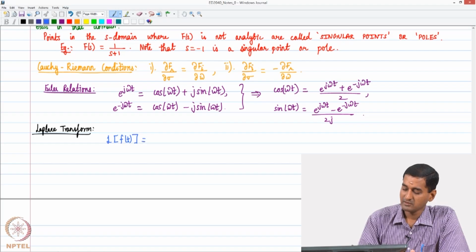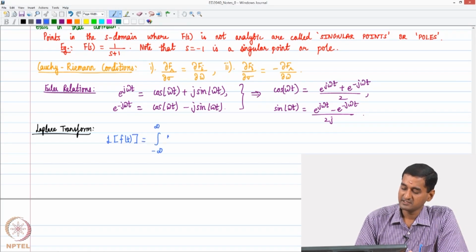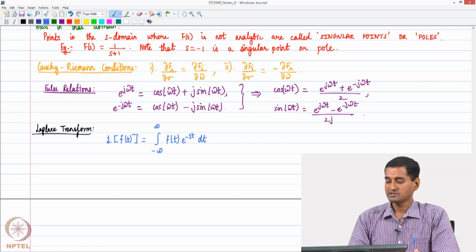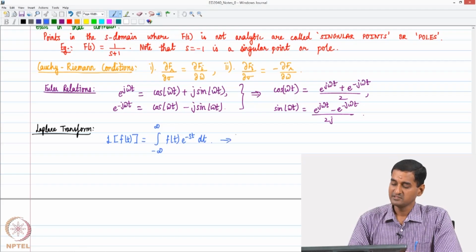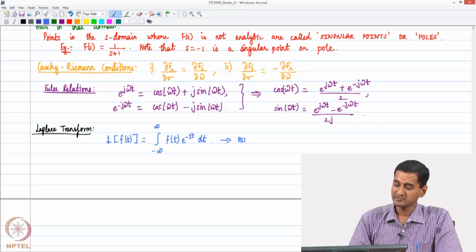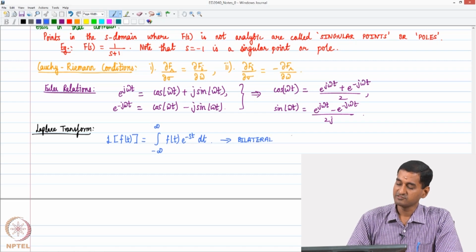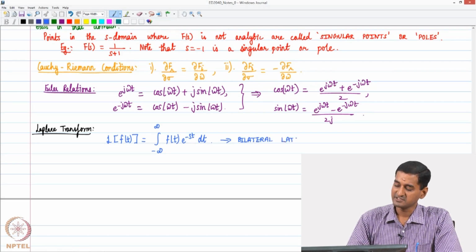The Laplace transform of f of t, which is in the time domain, is the integral from minus infinity to plus infinity of f of t e power minus st dt. Here s is the complex variable. This is what is called a bilateral Laplace transform, because the integration is carried out from minus infinity to plus infinity.